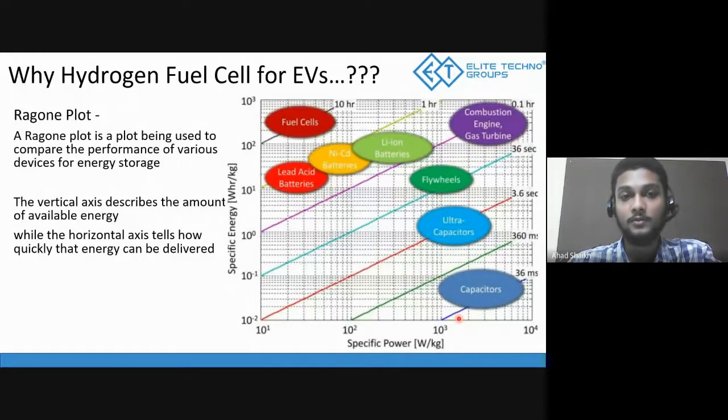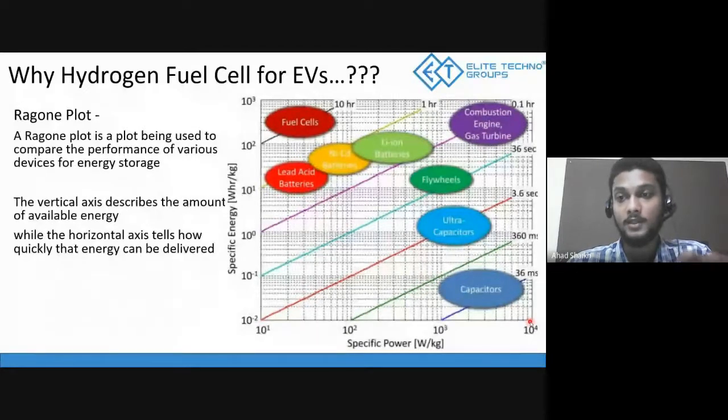So what would be the best zone in this particular chart that we would expect from an ideal energy storage device? It should store a huge amount of energy, and we should be able to extract that energy quickly whenever required.